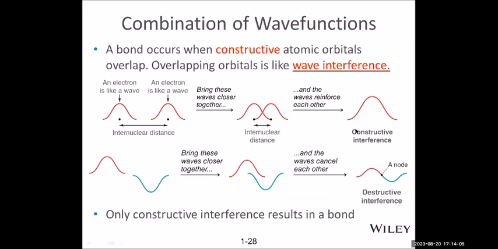When the wave functions overlap and reinforce, we call it constructive interference. Interference is a physics term, and those of you who learned some physics have probably seen the demo about how waves interfere. When waves interfere, they can reinforce or cancel. When they cancel, the waves completely destroy each other. That's what we call destructive interference.